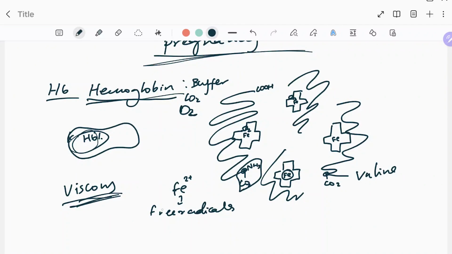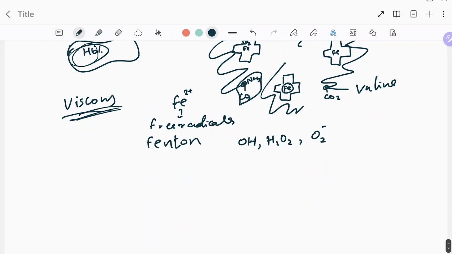This is by a reaction called the Fenton reaction. It creates hydroxide, it creates H2O2, it creates superoxide. These are the different free radicals that damage different molecules and organelles in your cells, causing aging to take place. So for that reason, we have our hemoglobin kept safely in these cells over here.